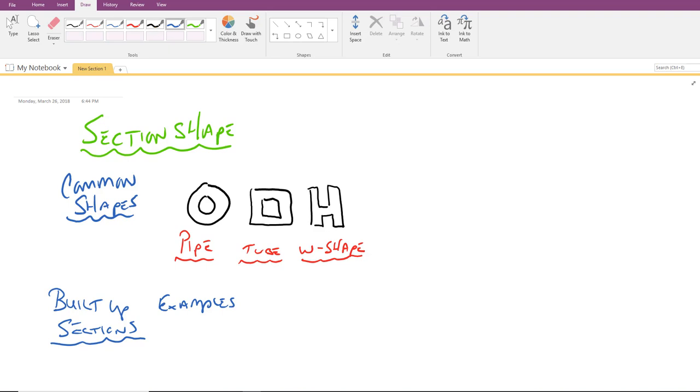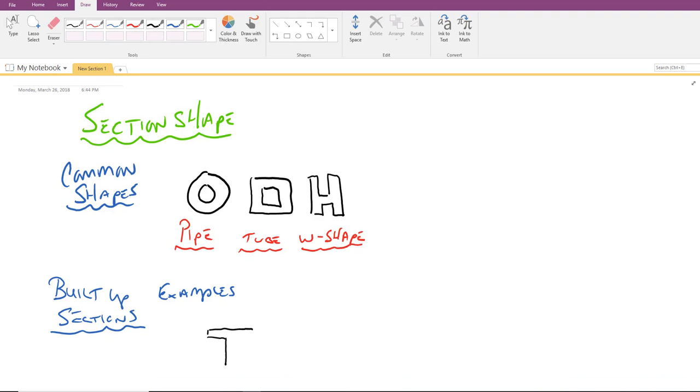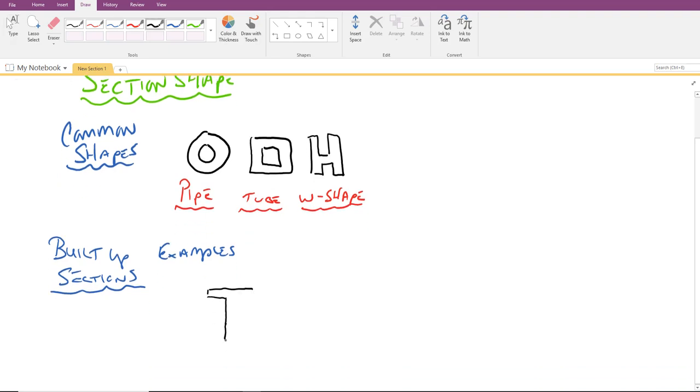An example of this might be if you had a taller and reasonably narrow beam like this. Notice it's tall in the strong axis compared to the width of the weak axis.